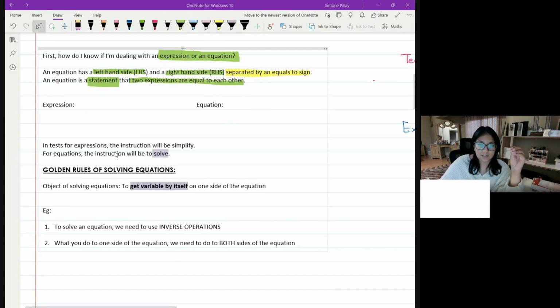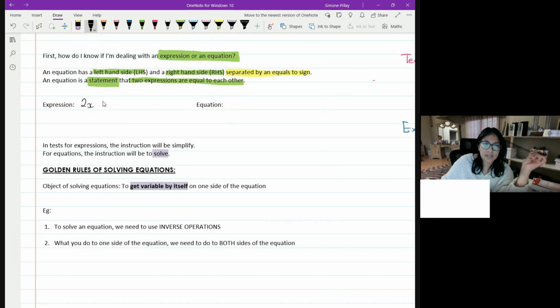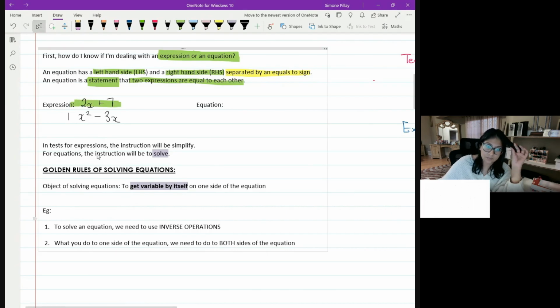Let's take an example. Let's look at two different expressions. Let's say we have 2x plus 7. And let's say we have x squared minus 3x. Those are two different expressions. I have collected terms. In this first expression in green, how many terms are there?